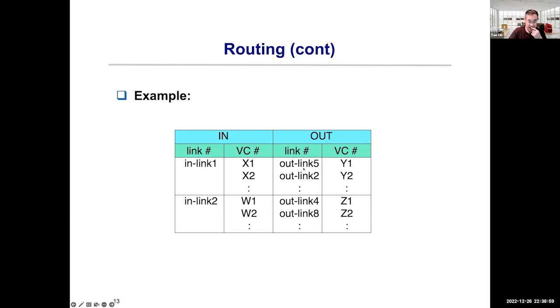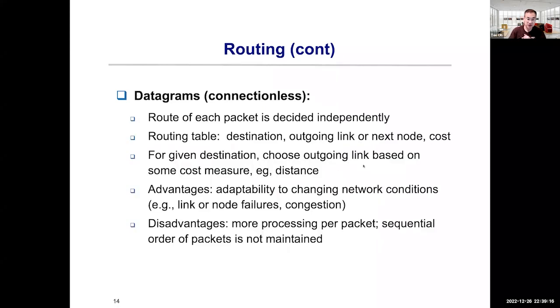Then it directly sends it to the outgoing link, virtual circuit Y1. So it doesn't have to think, you just grab it and send it out to the link one after another. It's very fast.